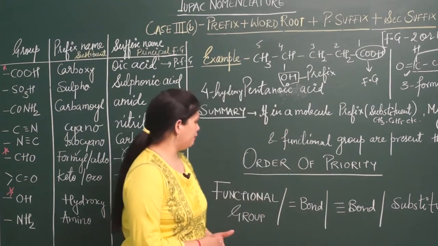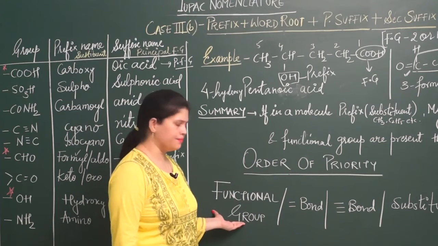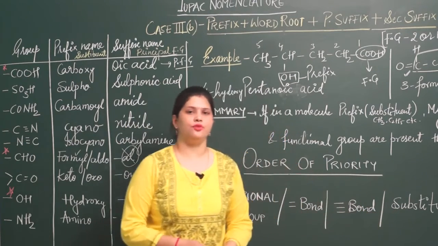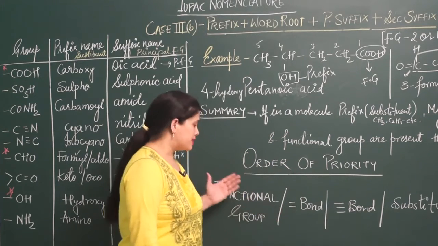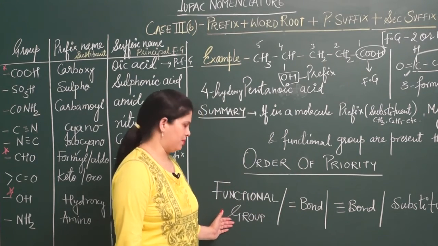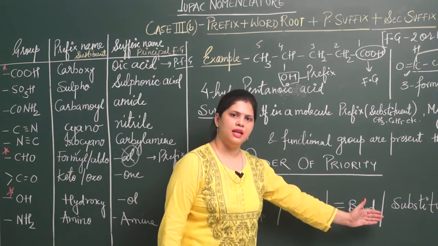For example, if you have a molecule wherein a functional group is there, a triple bond is there, and a substituent is there, then you have to start the numbering from such a side that your functional group should get the minimum number, right? Then comes the double bond, then triple bond, and then substituent.